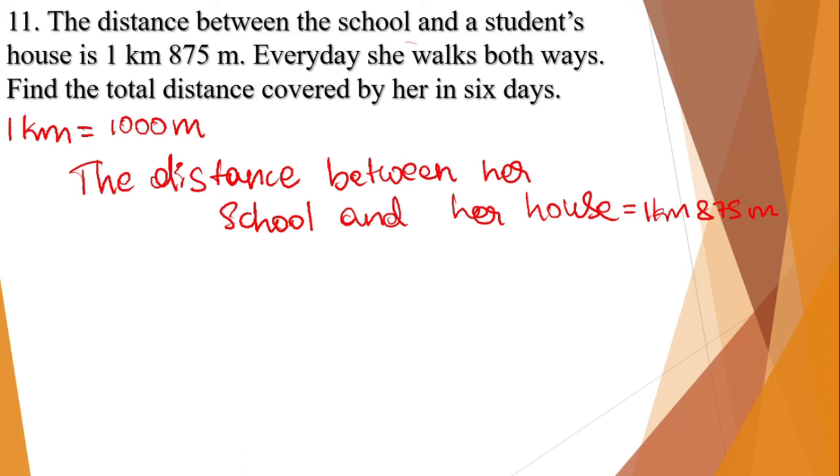Now this is the distance for one way. Now here only we can see that 1 kilometer is equal to 1000 meters. So this 1 kilometer will be 1000 meters and 875 is already in meters. So we will just add it. Now we have the same unit, so we can add it easily. So 1000 meter plus 875 meter will give us 1875 meters. So this will be equal to 1875 meters.